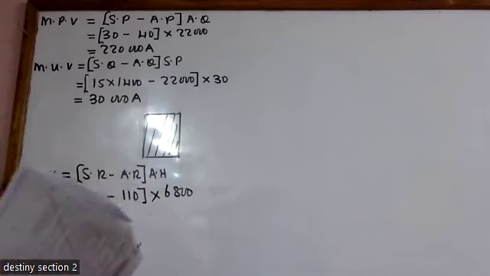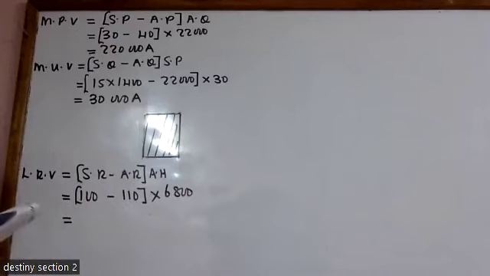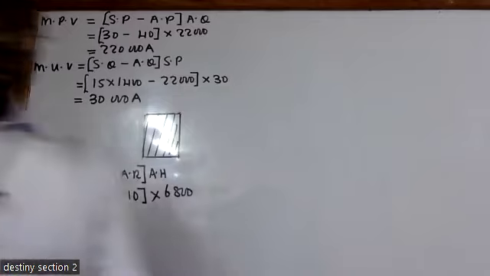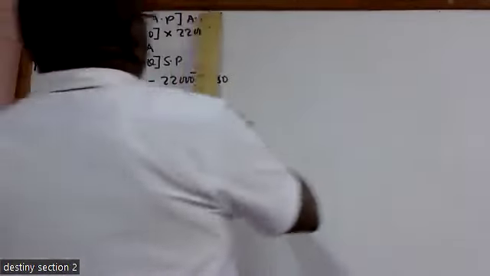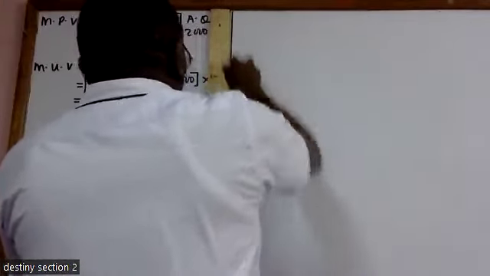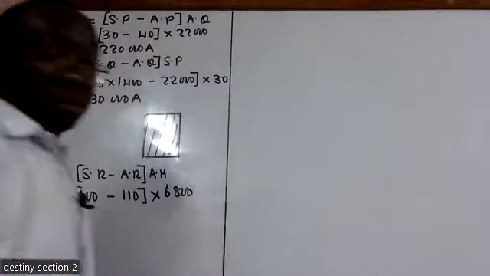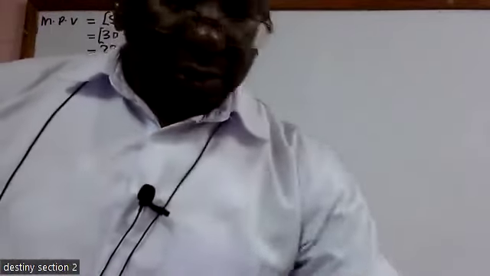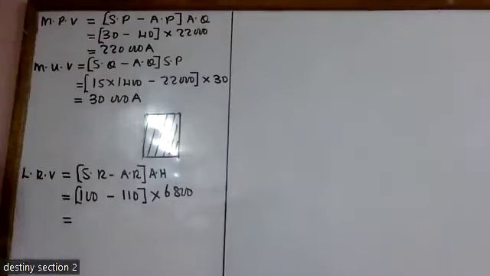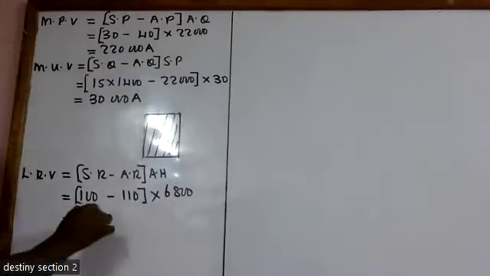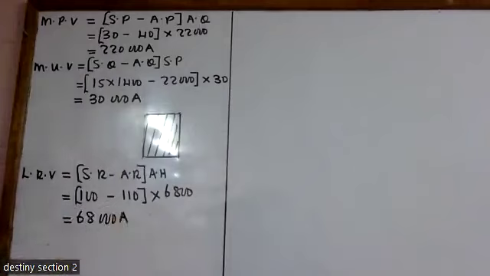So tell me what that value is. $68,000 adverse. Good. It is 68,000 adverse because we ended up paying a higher rate than what we should have paid.